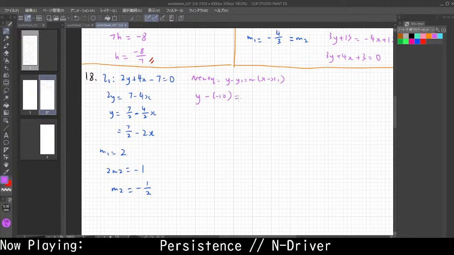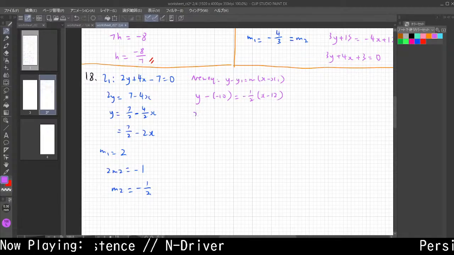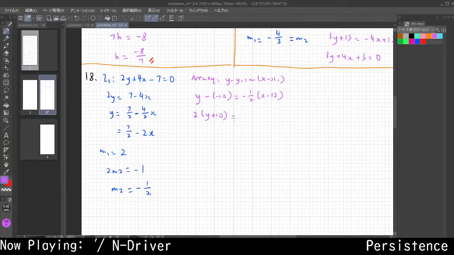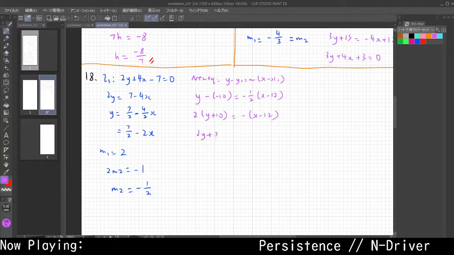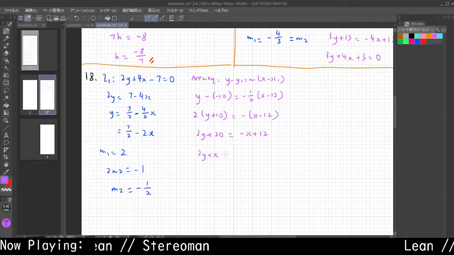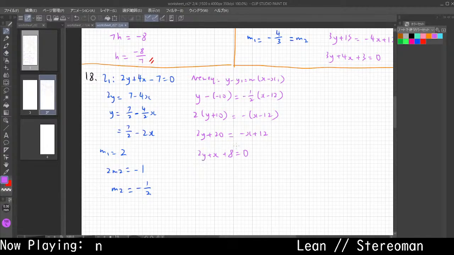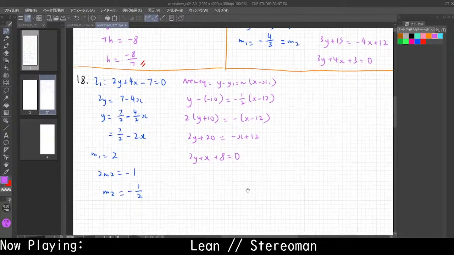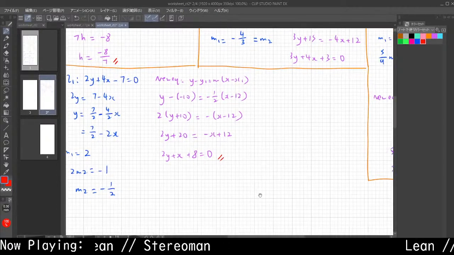This is y plus 10 equals negative 1 over 2 times (x minus 12). 2y plus 20 equals negative x plus 12. 2y plus x equals negative 20 plus 12, which gives negative 8. Anyway, this is the answer. Okay, next.